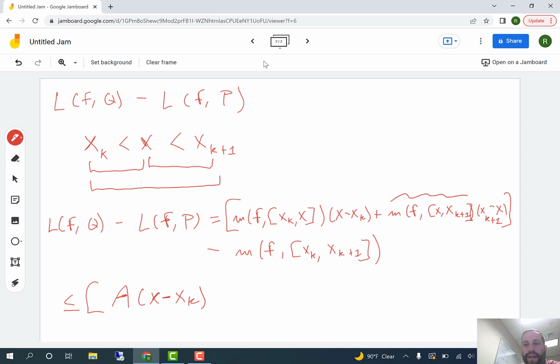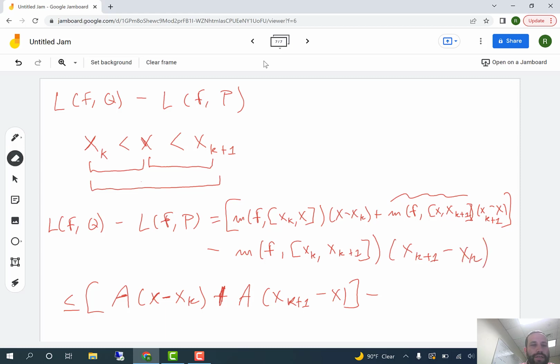Similarly, the minimum that f can be on the other interval is going to be, in absolute value, less than or equal to A times the difference x_{k+1} minus x. And then minus, there should be an x_{k+1} minus x_k.